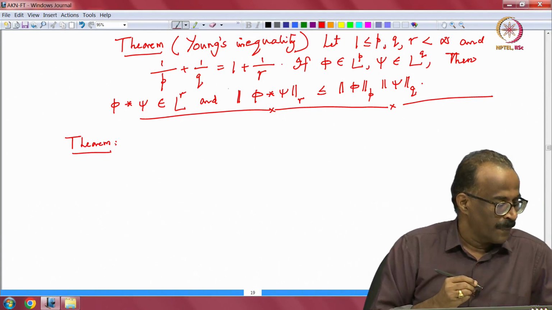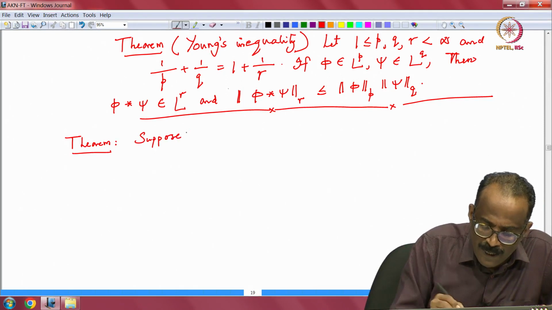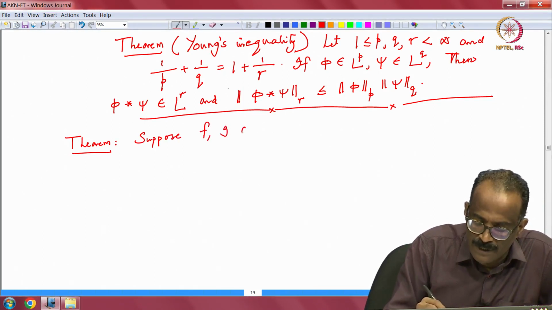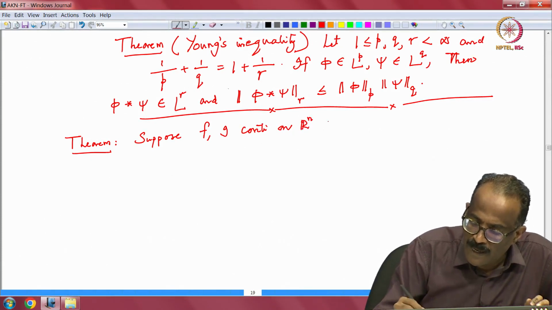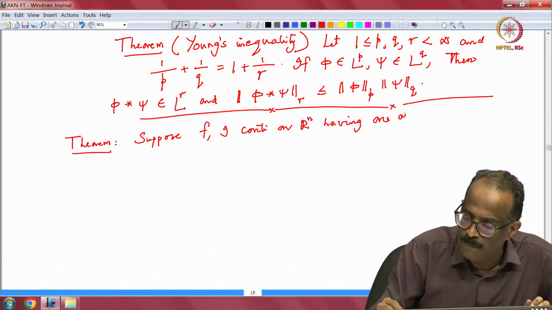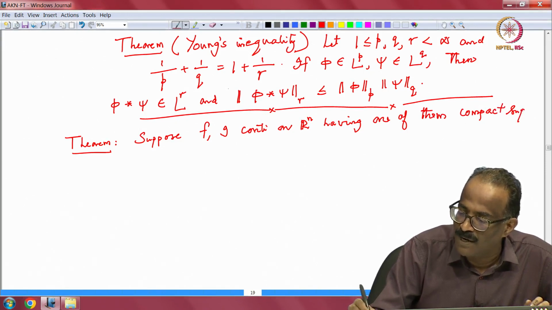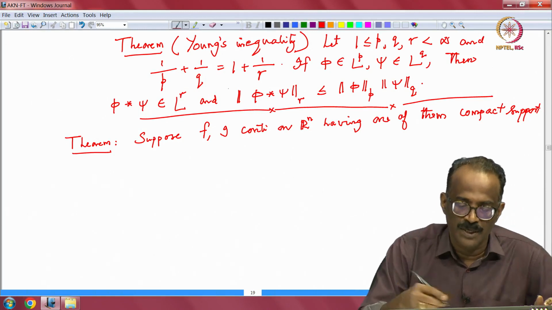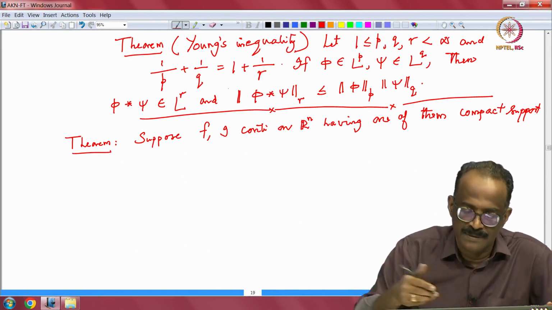Okay. So, suppose phi, psi are continuous on Rn, having one of them compact support, then you know that phi star psi is already defined, because the integral is of a continuous function on a compact set, and hence it is well defined.